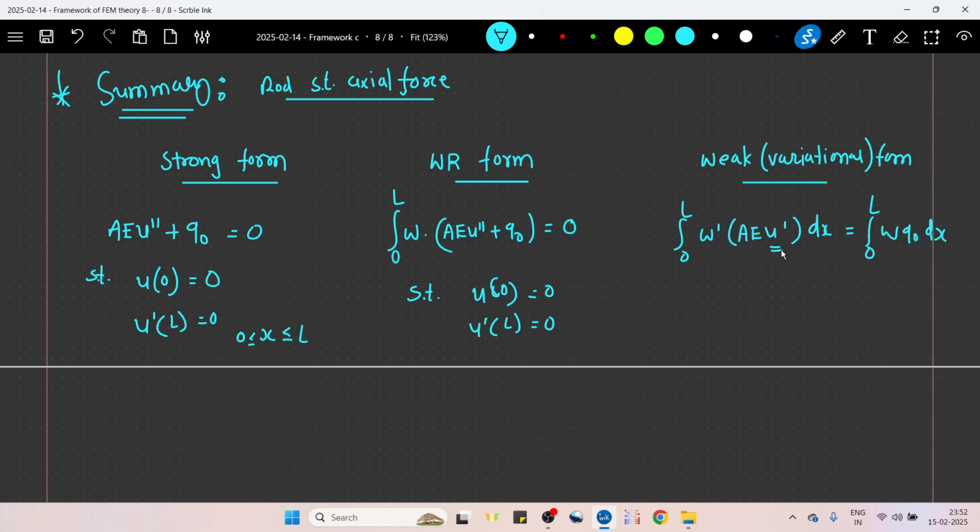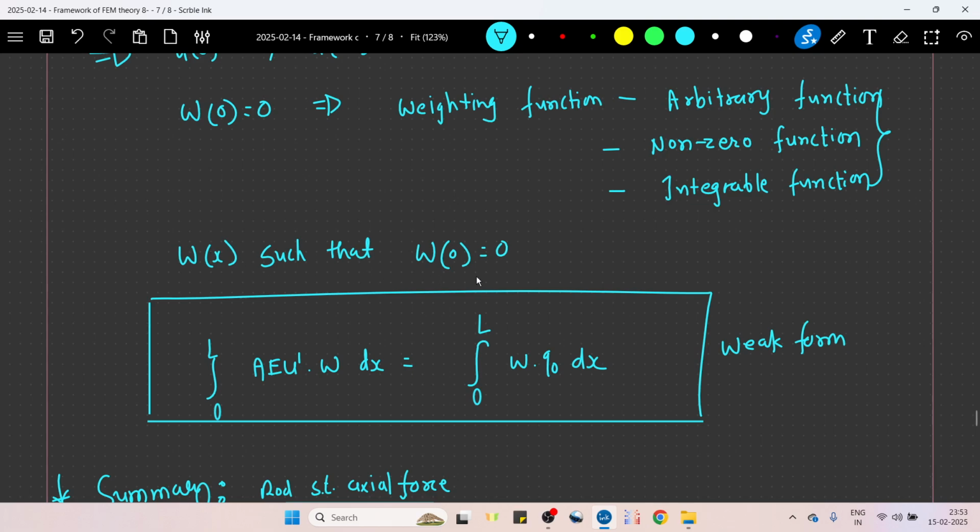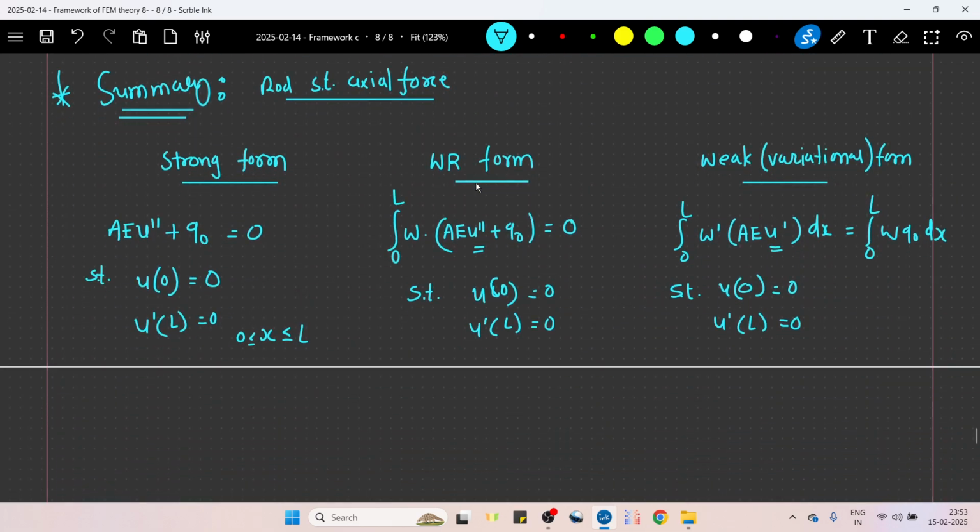We can see here one order is reduced, u double dash to u dash, subject to the boundary conditions u at x equal to 0, u dash at L equal to 0. We have also said we'll choose the weighting function such that w of 0 equal to 0. So now we have three conditions.